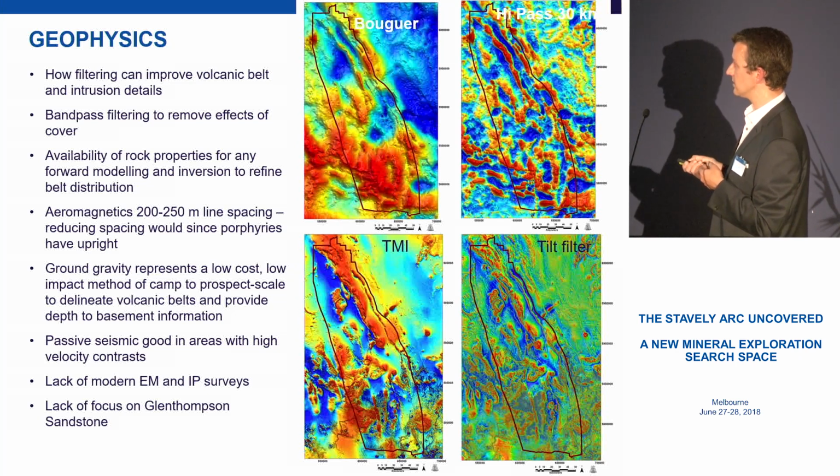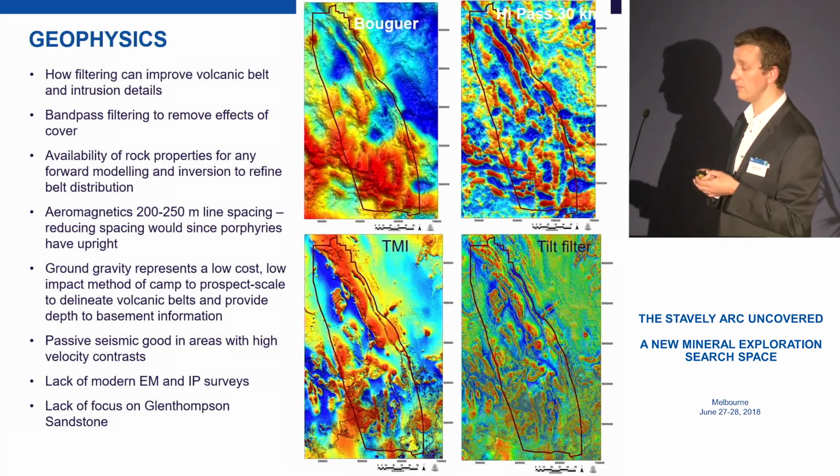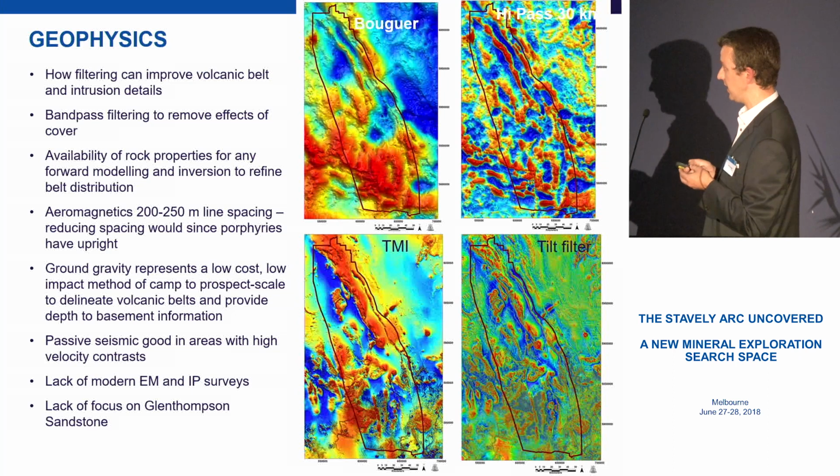Tony covered all the passive seismic data that was collected as part of the project. And Suzanne touched on the fact that there's a lack of modern EM and IP surveys in the area.